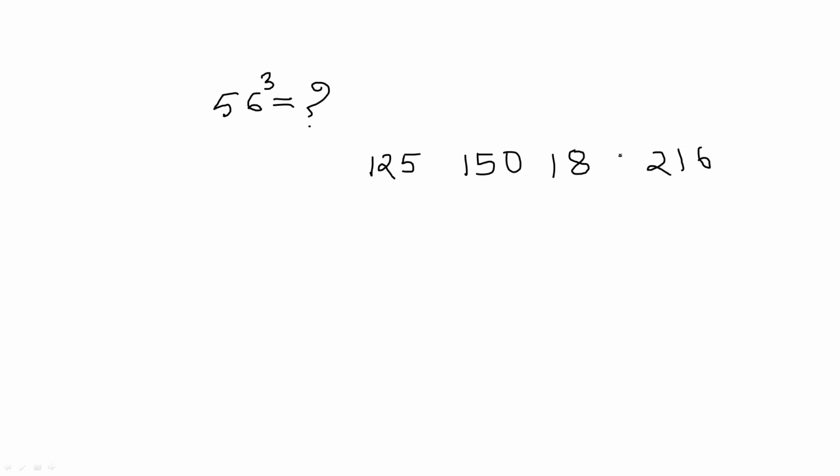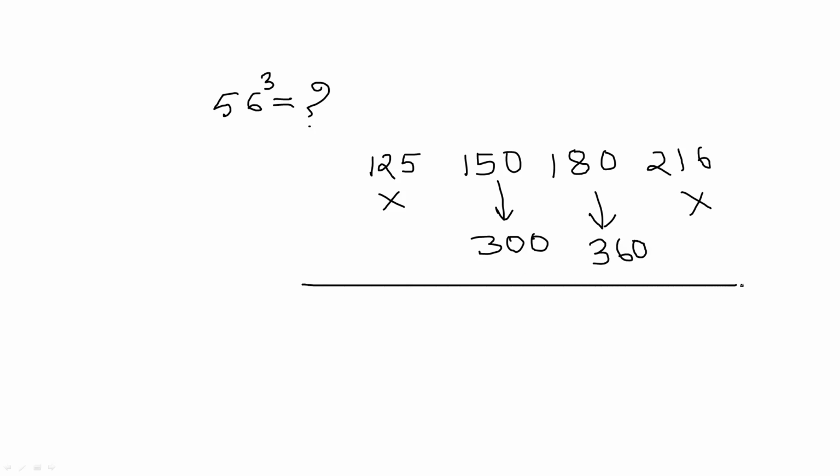Okay, now leaving this two part, make it double. So it will be 300. And make the other double, it will be 360. Clear? Now add it.